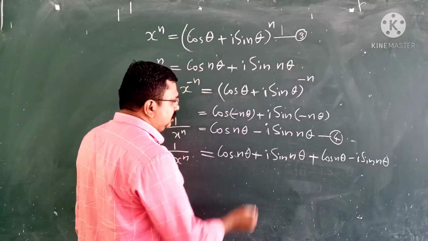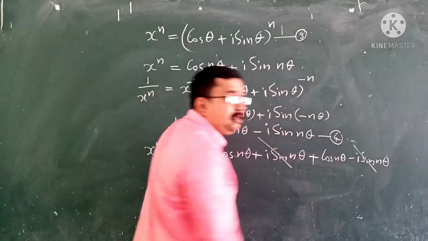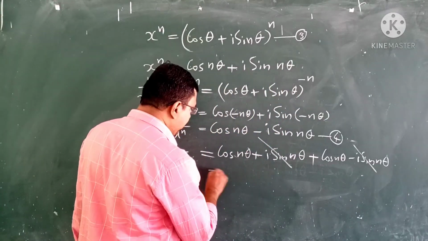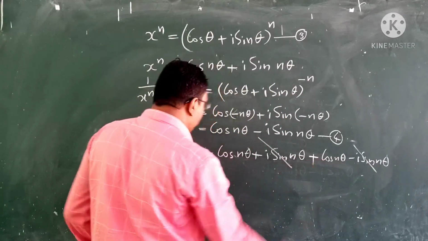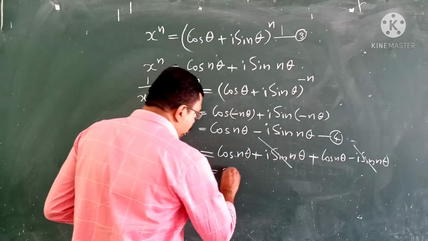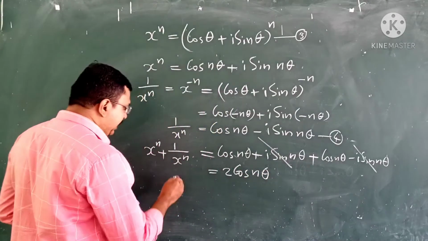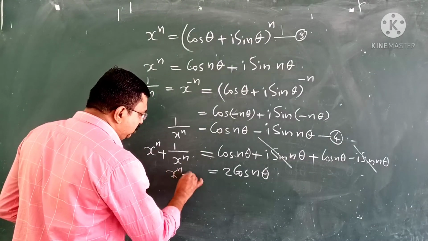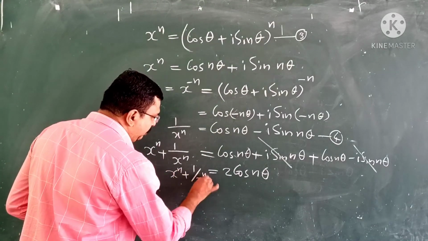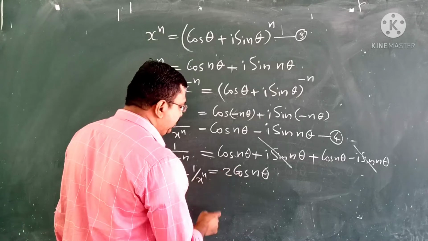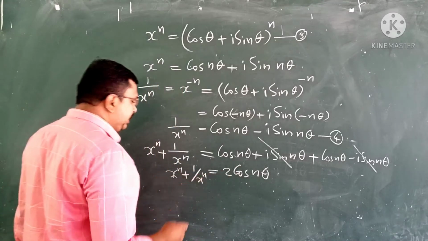These two terms cancel, then the remaining is cos n theta plus cos n theta, that is 2 cos n theta. So x raised to n plus 1 by x raised to n equals 2 cos n theta.